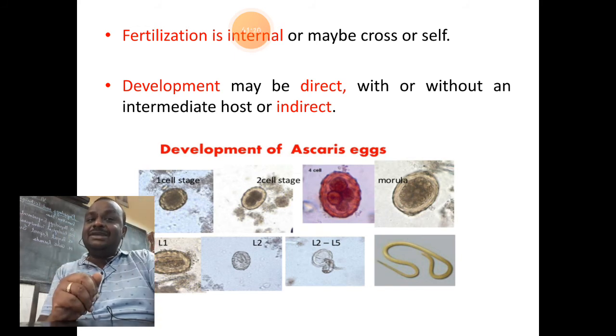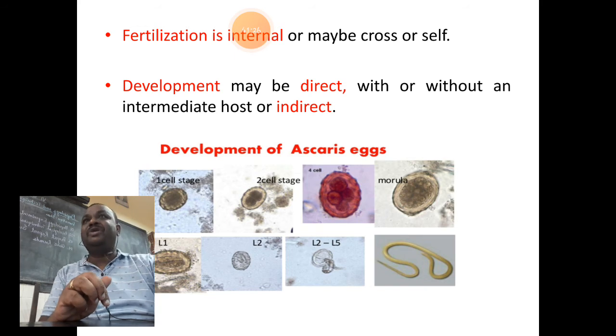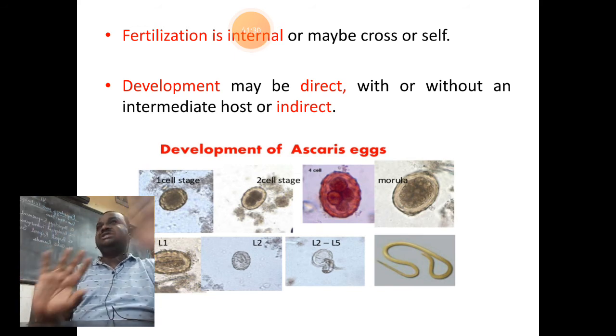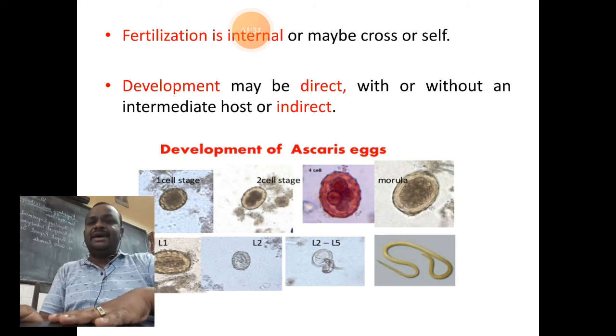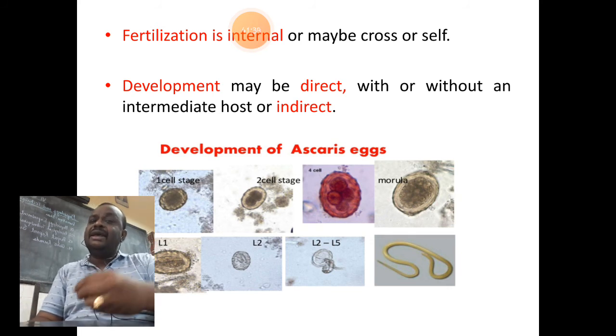So, self and cross-fertilization are related to the hermaphrodite organisms, whereas the rest of the nematodes show general internal fertilization. Now, development is said to be direct in a few cases, indirect in a few other cases.